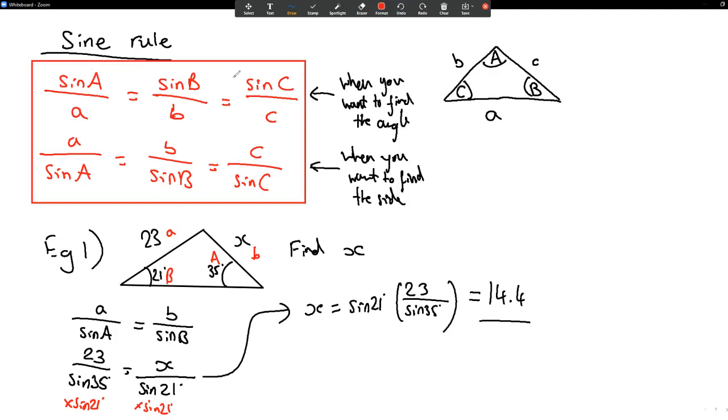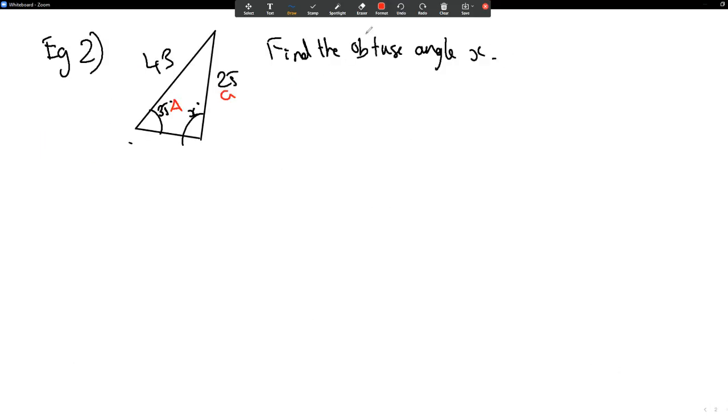Also, we're going to use this top equation because we want to find the angle. We also want to label this as B, like so. So first off, let's say sine A over a equals sine B over b.